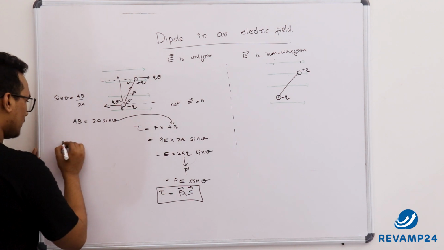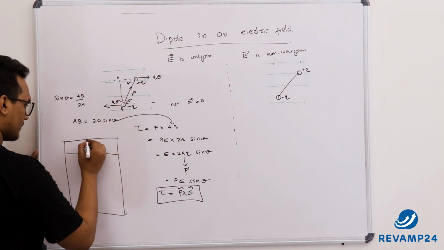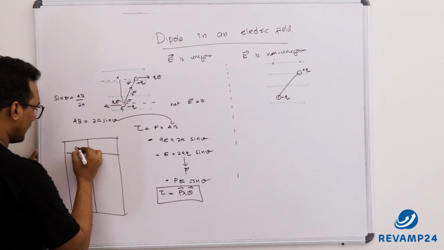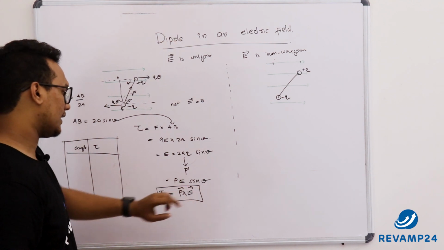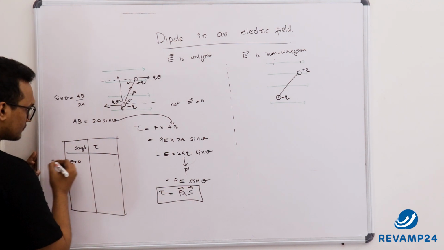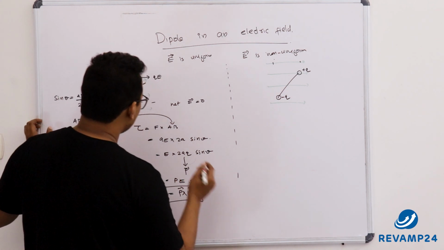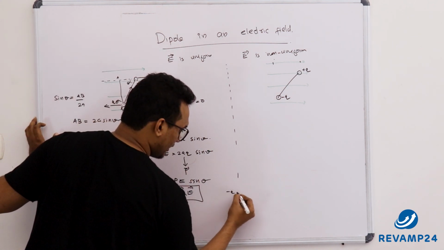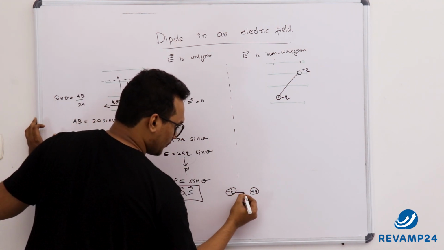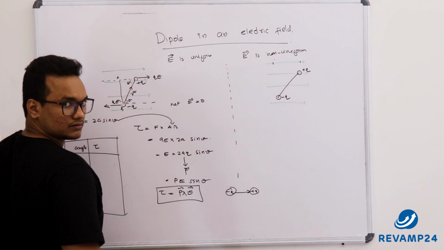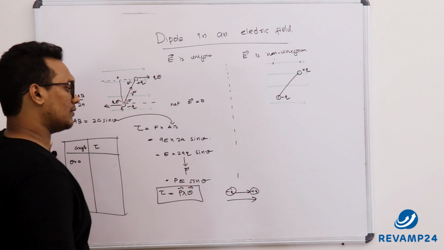Now we will draw a table: angle and torque. When theta is equal to 0, minus Q is here, plus Q is here, and this is the direction of the dipole moment, from minus Q to plus Q. The electric field is also in the same direction.